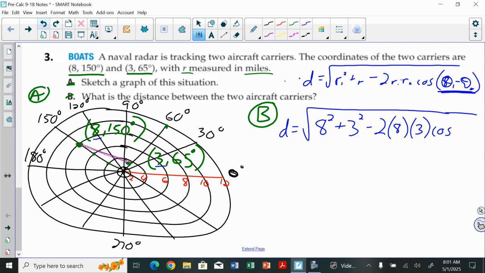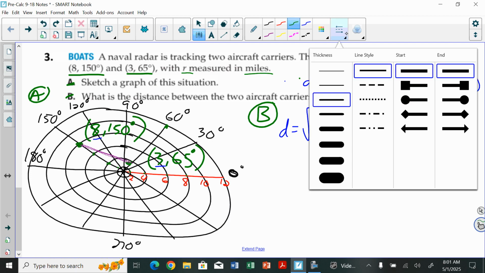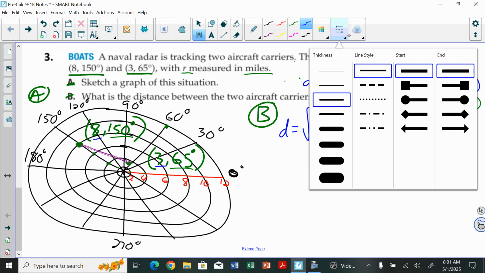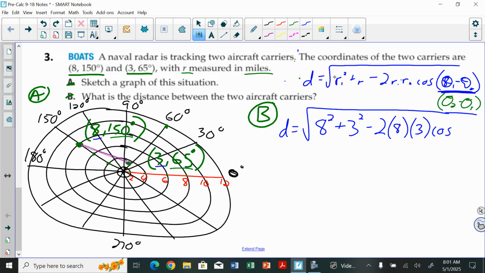I can really do that either way. That could be theta 2 minus theta 1. I just got to get whatever's going to give me a positive angle measure. So in this case, we can see that we've got 150 and then we've got 65. So when I do that, 150 minus 65 is going to give me 85.